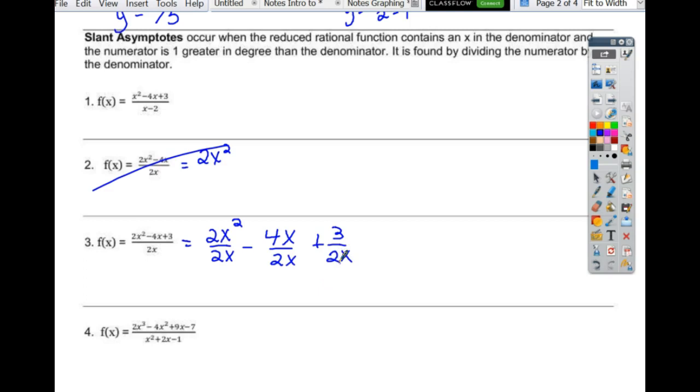So when I get that, the 2's cancel, and I get 1x. 4 divided by 2 is 2, and the x's cancel. So this is my slant asymptote. And we don't care about the remainder.